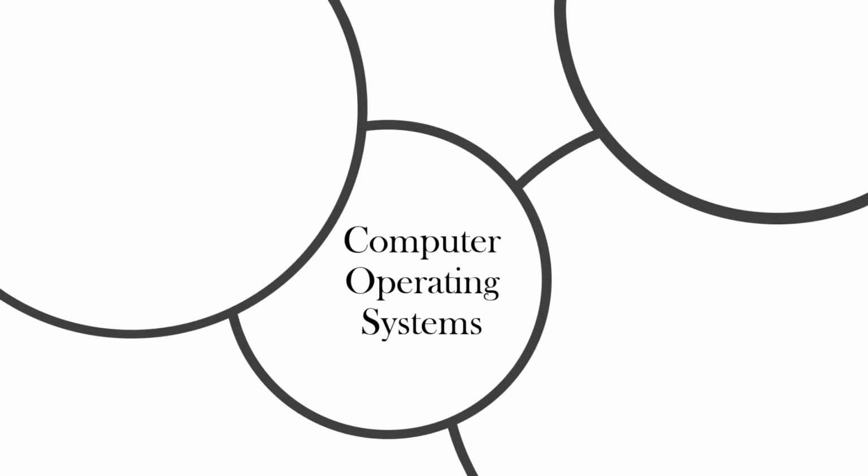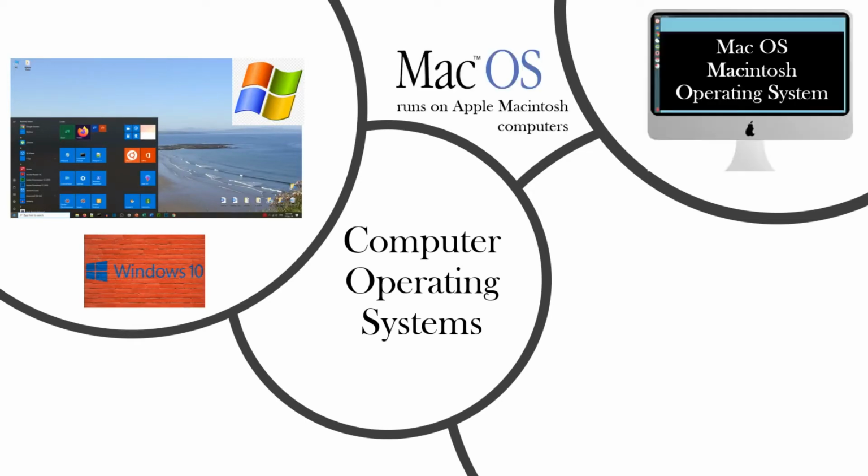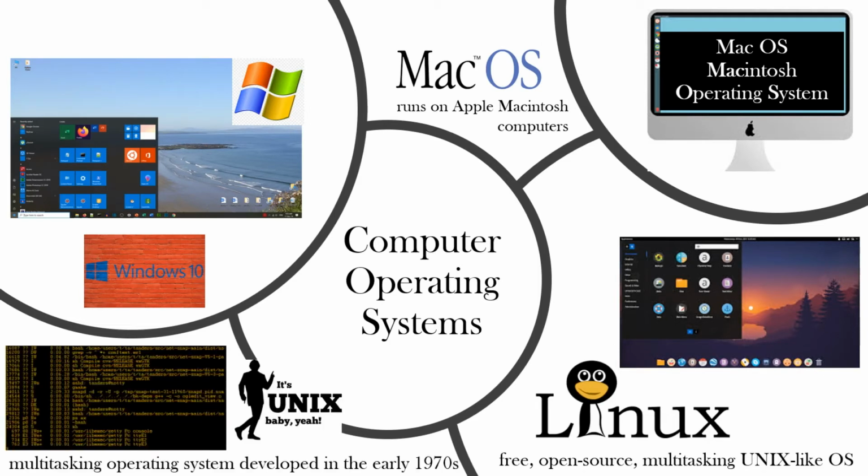If we look at computer operating systems, you're probably familiar with Windows, that's used mainly in the office, and you may use it at home. You may prefer Mac computers, which have a Mac operating system. Linux is a popular operating system that's free, and it's similar to an old operating system called Unix that was developed in the 70s, and that allowed multiple users to use computers.